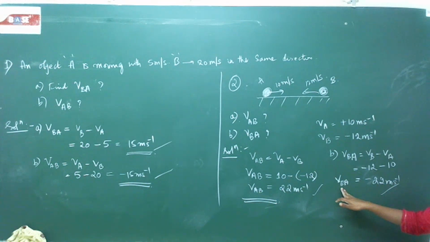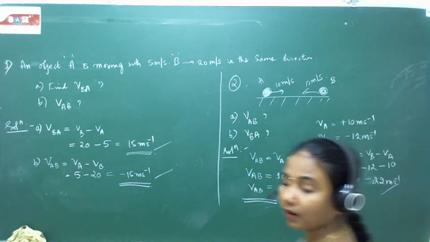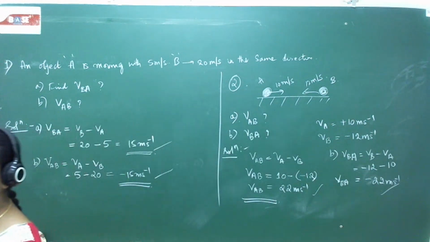If the body we are measuring from the frame of reference A has the greater velocity, the negative sign comes into the picture. Now we'll do some more examples on it, okay?